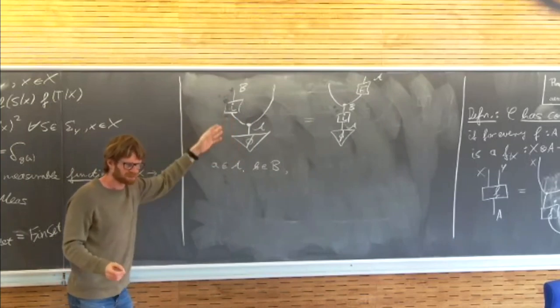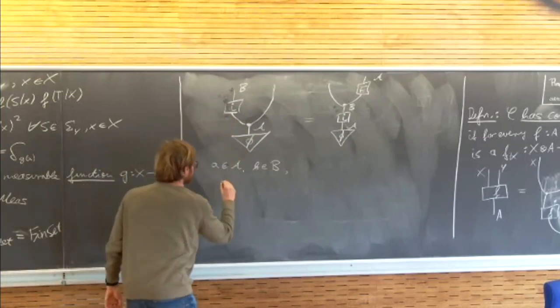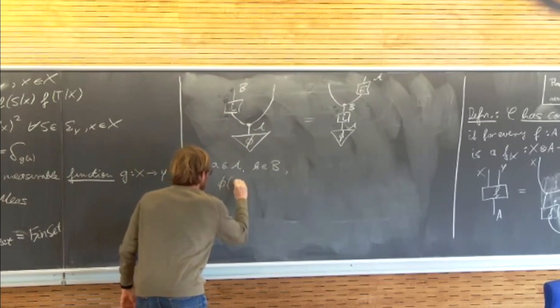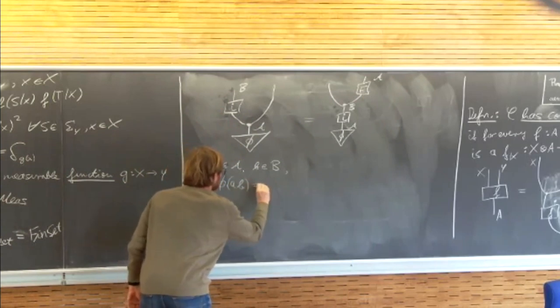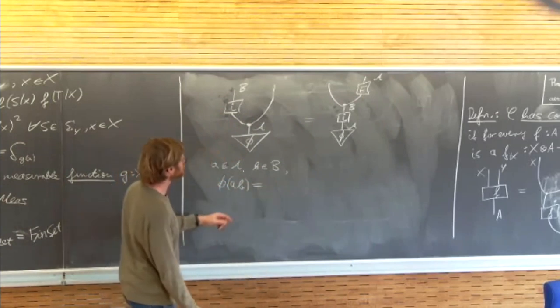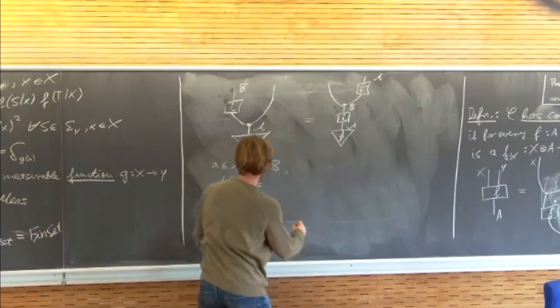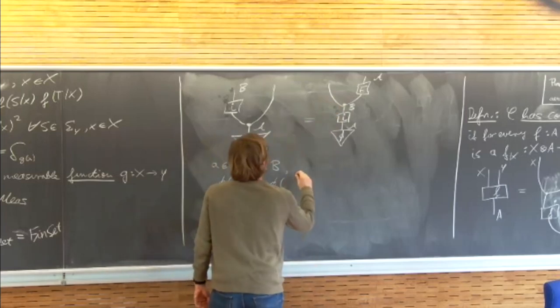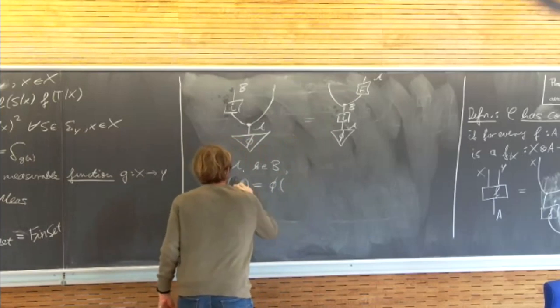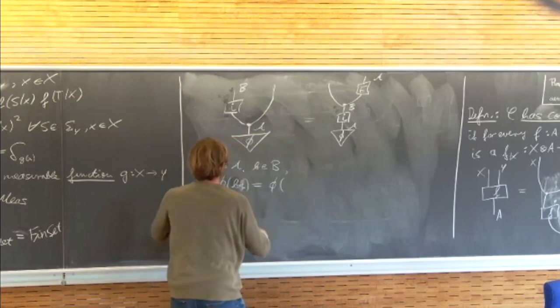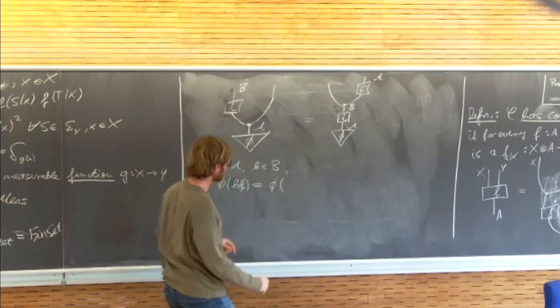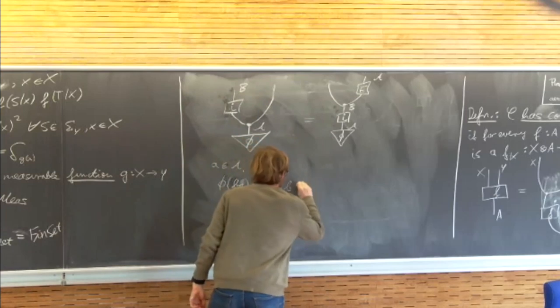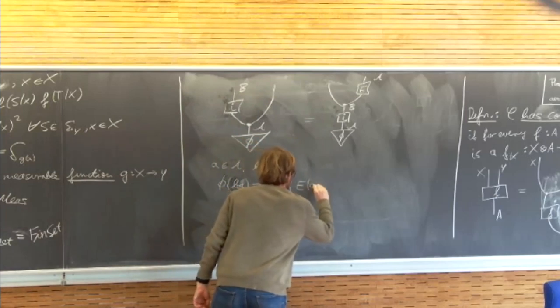I'm just going to consider B as a subset of A. So phi of AB is equal to phi of, sorry, BA. Let's be consistent with the order of elements up here. B times the conditional expectation of A.